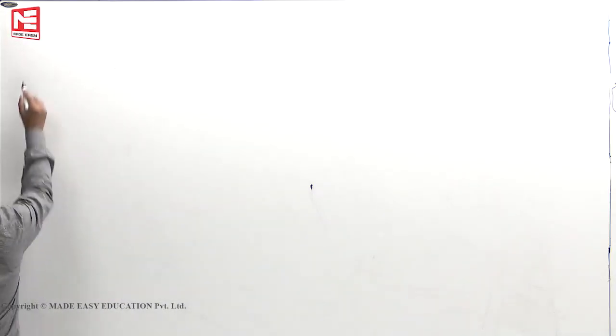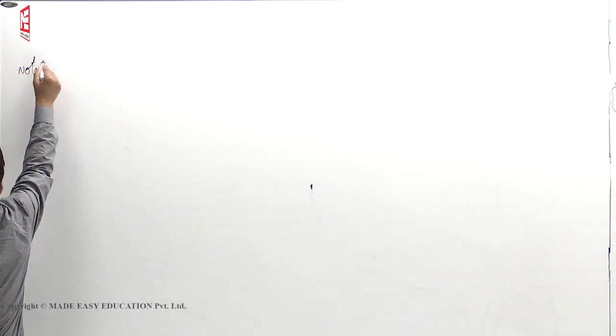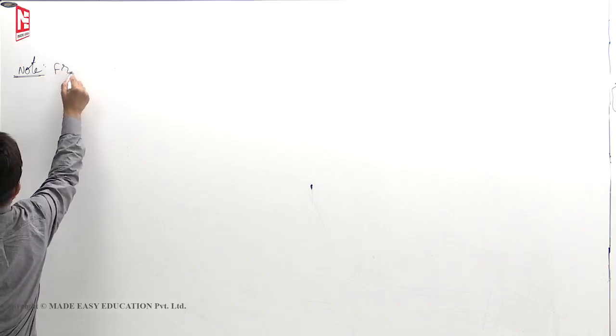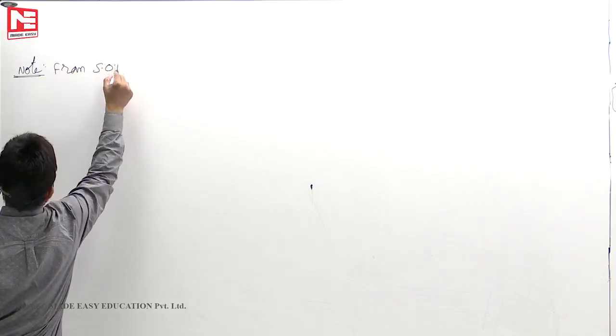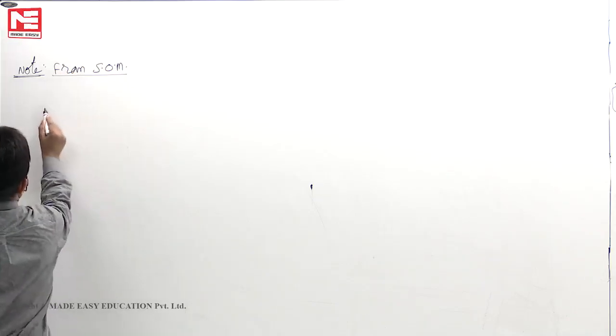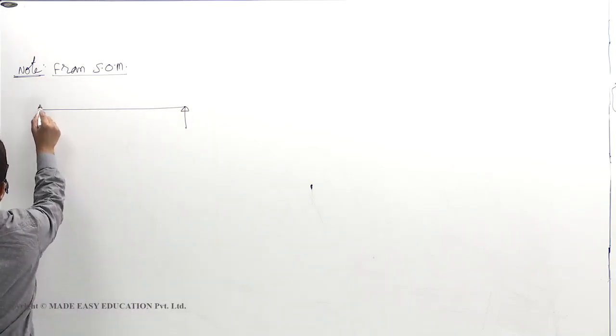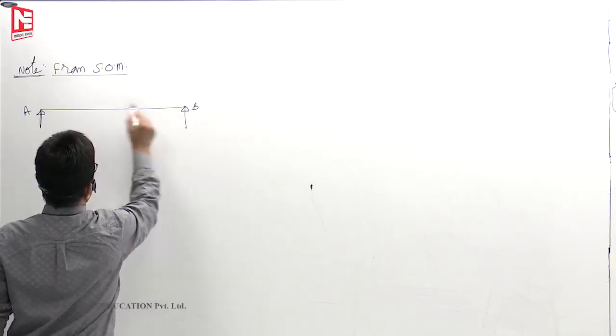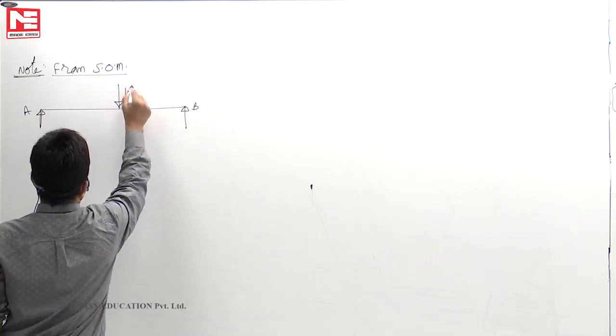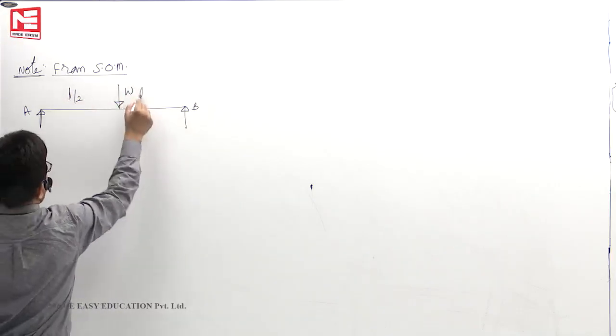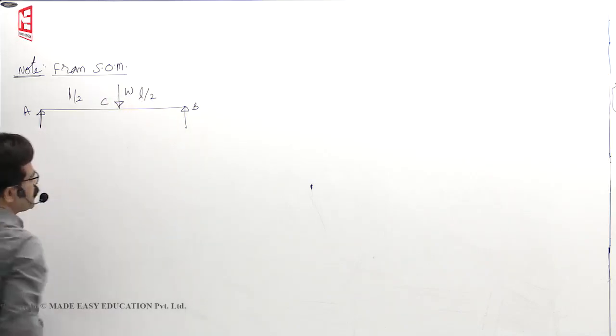Supposing that you have, this is from strength of materials. Assume that we have a simply supported beam AB subjected to central point load W, L by 2, center says C.